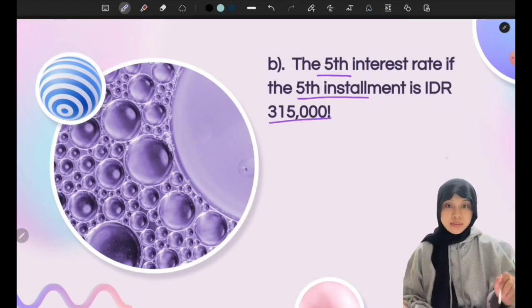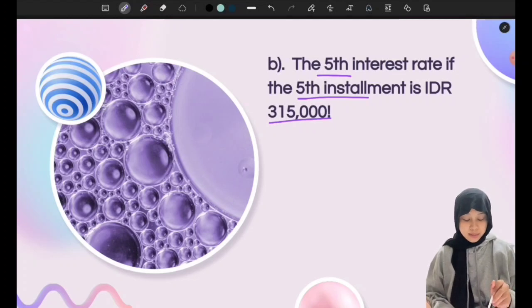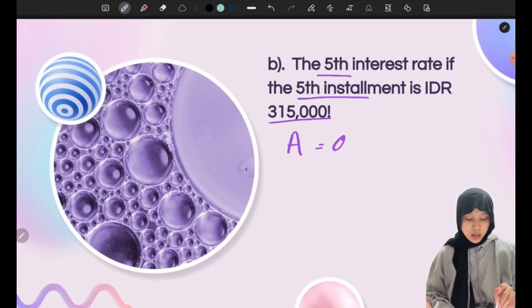Next, for the last question, the fifth interest if the fifth installment is 315,000 rupiah. So it has the same step like A equals An plus Bn. So A equals A5 plus B5, because this is the fifth interest and fifth installment.